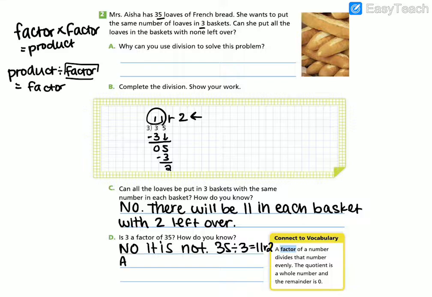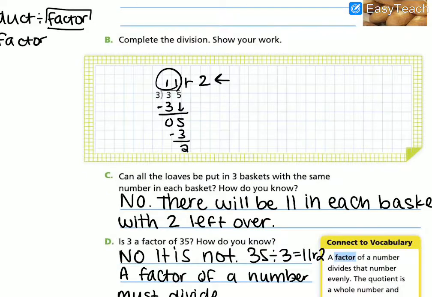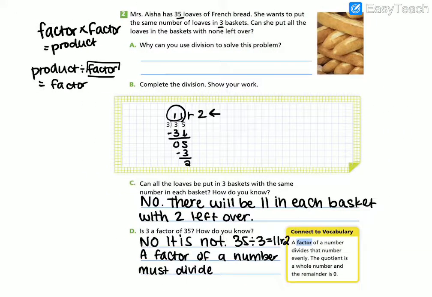So you can say a factor must divide evenly. So there should be no remainder when you divide a factor.